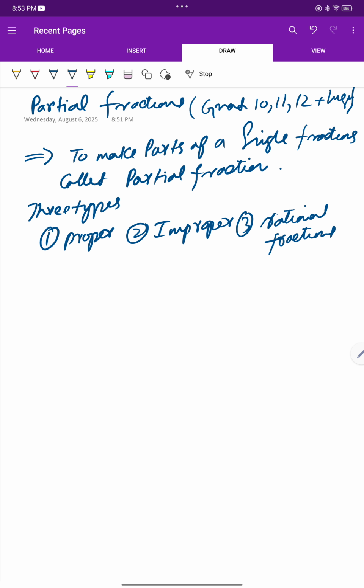So how do you understand? Let's say if you are given, for example, 3x minus 1 divided by (x plus 1) into (x minus 3), and they ask you to find the partial fraction for this.